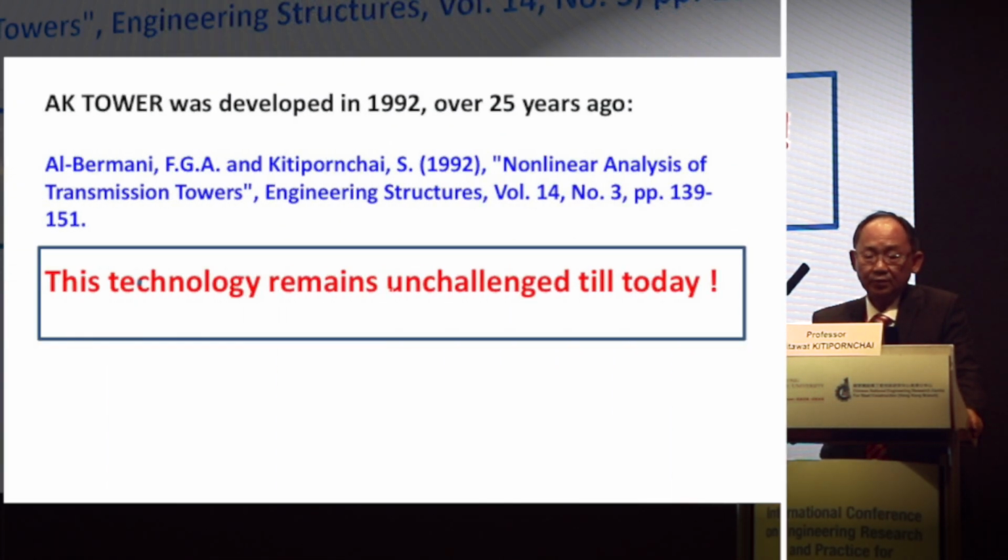Even though this technology was developed over 25 years ago, and we have published lots and lots of papers, there's no reason why anyone else, a lot of PhDs, cannot do something better. But I know for a fact that until today, this technology remains unchallenged.